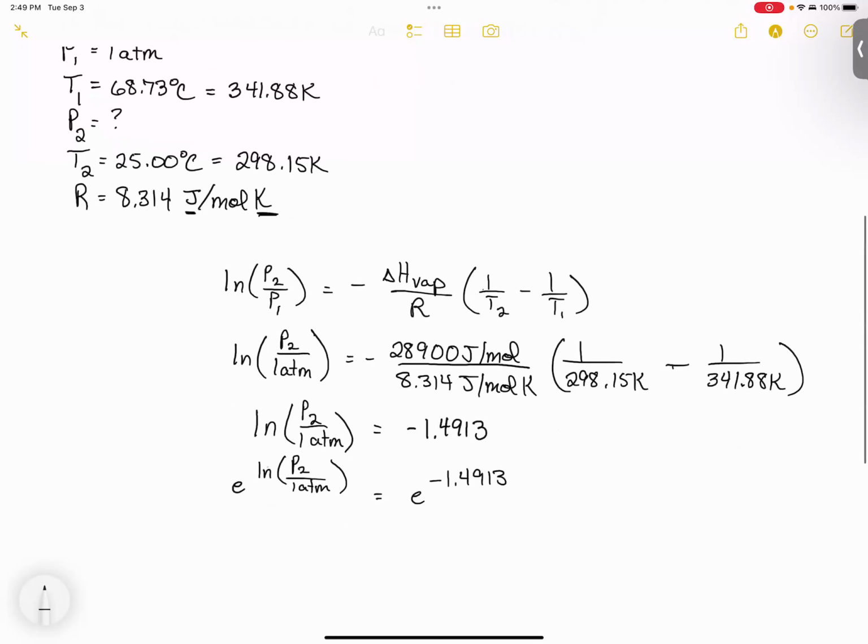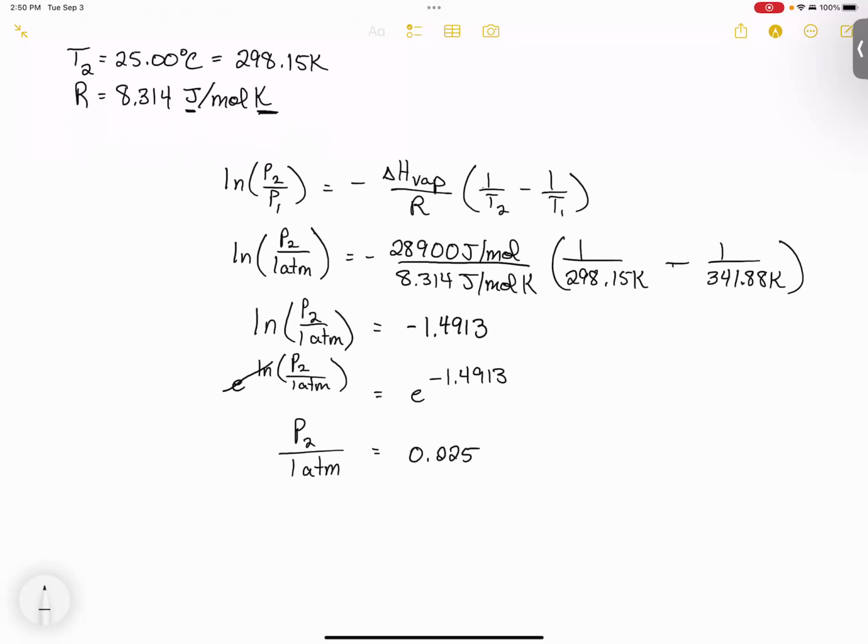Taking the exponential of a natural log makes that go away, so the left-hand side becomes P2 over 1 atmosphere, and the right-hand side is equal to 0.225.